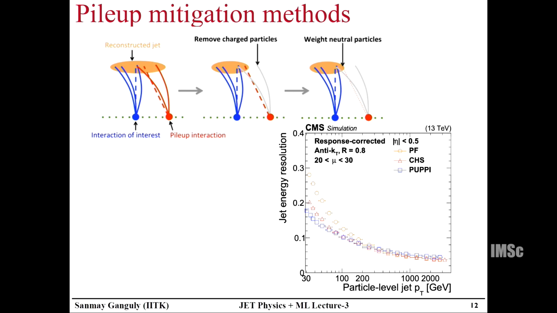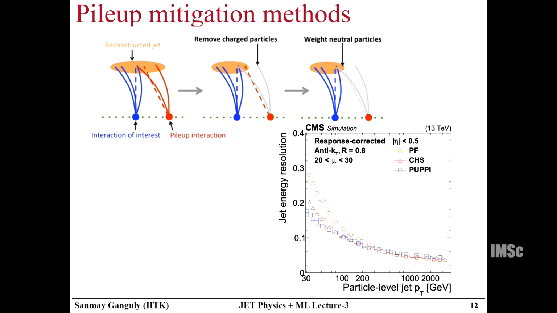Here is a cartoon of how pile-up removal works in concept, and there are different methods called charged hadron subtraction, pile-up per particle removal, etc. This diagram says that originally I had a jet with my basic raw particle flow constituents, all the blobs, which was contaminated by pile-up. Now I applied pile-up removal.